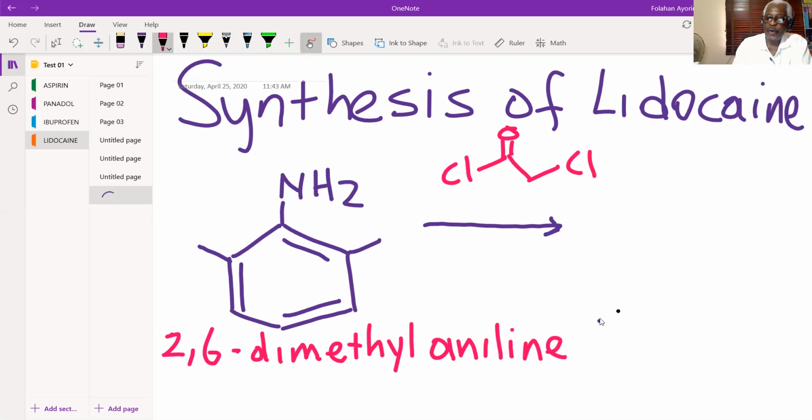This molecule we call chloroacetyl chloride.